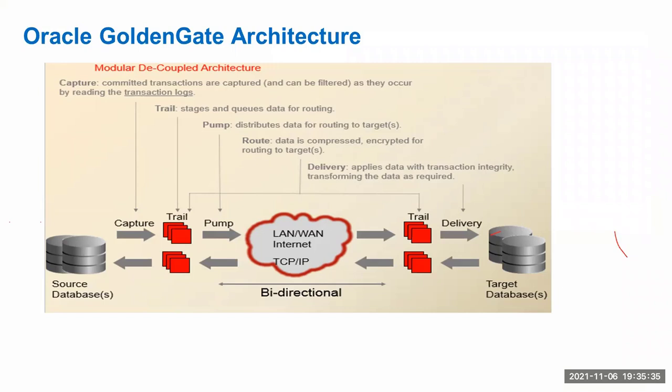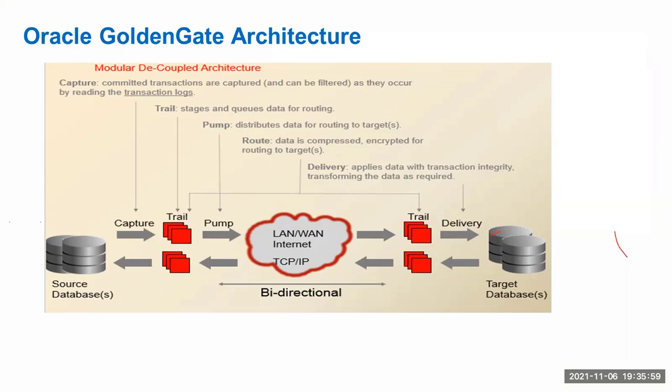In case of SQL Server or MySQL, those are called transaction logs. So say for example, the application is connected to the source database and you make a change to the table. That change will be recorded in the transaction log of the database.